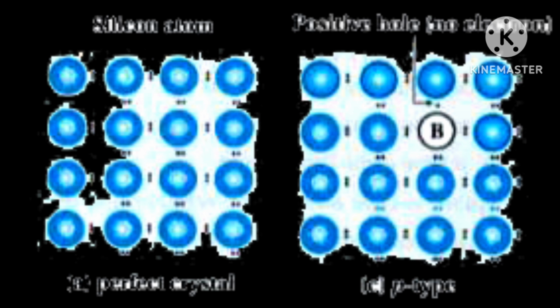Only 3 are there. In group 13, 3 electrons will be there in the outermost orbit.